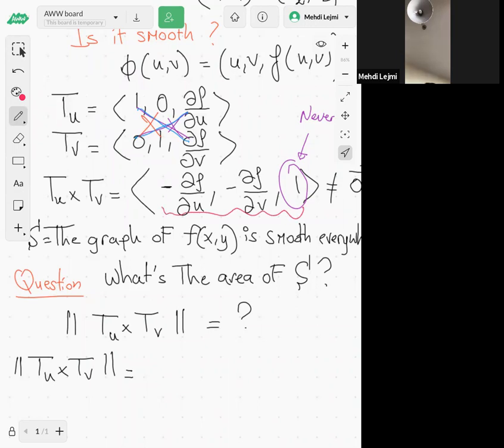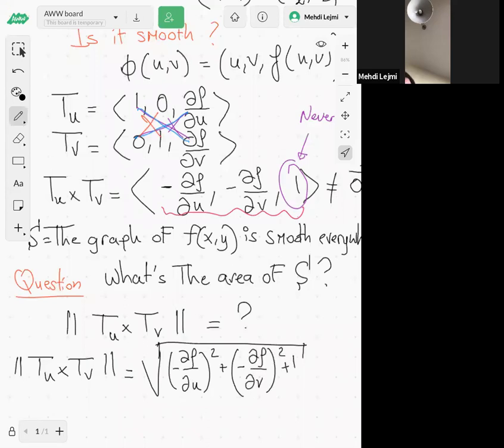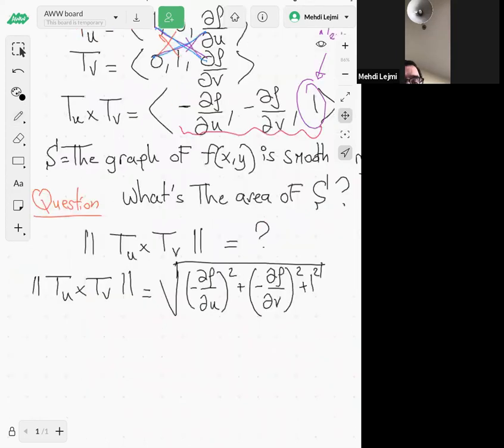Then the norm, or the magnitude of the vector, would be the square root of the square of the first component plus the square of the second component plus the square of the third component, which is 1. So we have a very general formula here.